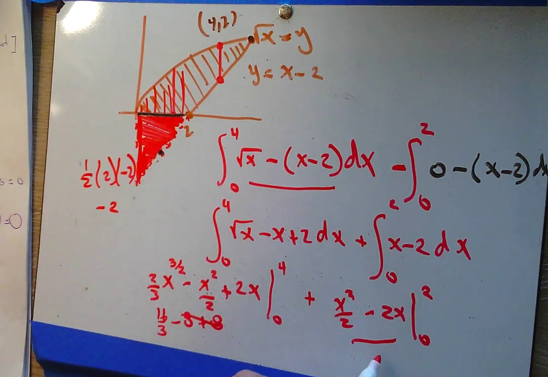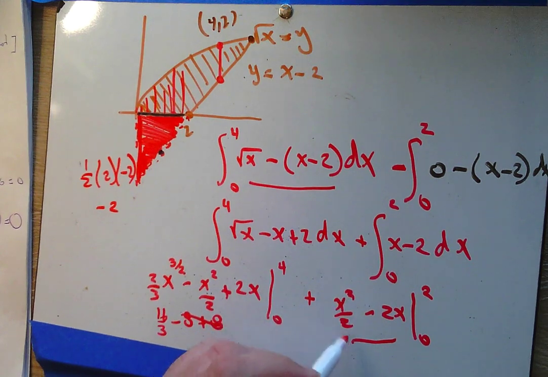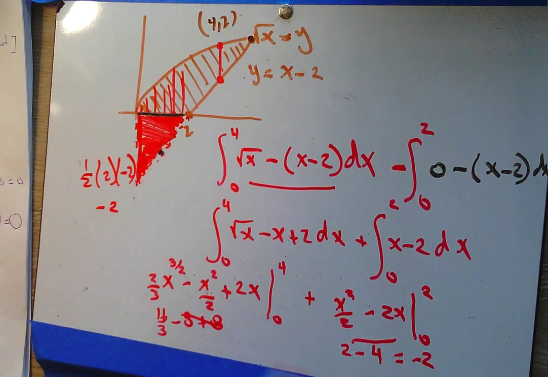Why didn't that give me negative 2? Oh, because 2 squared is 4. 4 divided by 2 is 2 minus 4. Isn't thinking great? Okay, so we've got 16/3 minus 2, so minus 6/3 is 10/3.